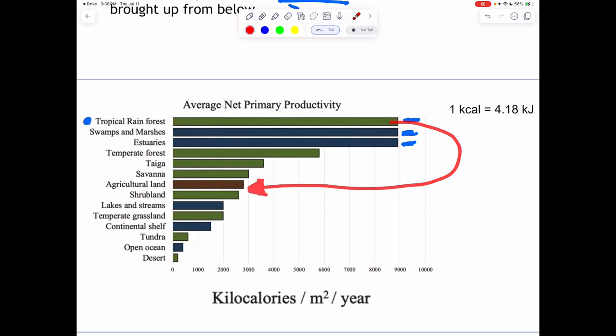Agricultural land has a much lower NPP than tropical rainforest does. It's so sad when we see this happening all the time. Many people think, oh, it's a tropical rainforest, it will have so much nutrition in the soil. But no, it's got nothing. NPP in agricultural land doesn't compare to our tropical rainforests.